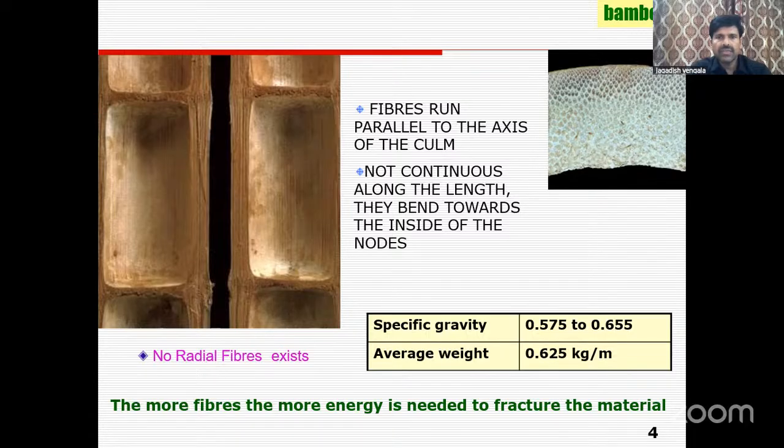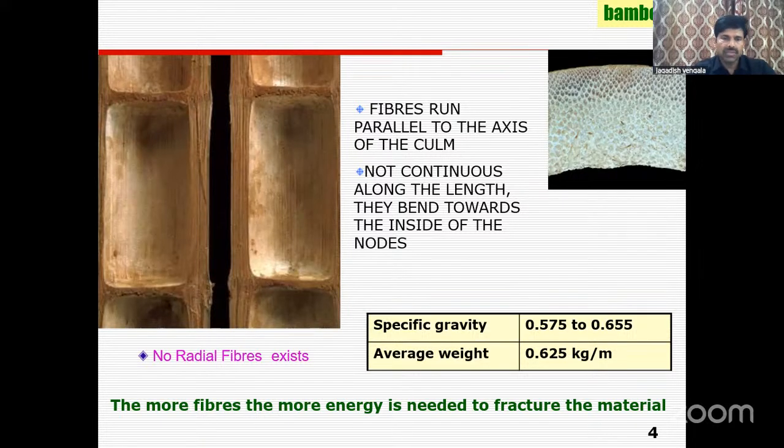When you look into the fiber orientation, most of the fibers start from the bottom and go up, and some of the fibers end at the node portion. So fibers start and end at every node, or otherwise regular fibers run in the axial direction of the column.